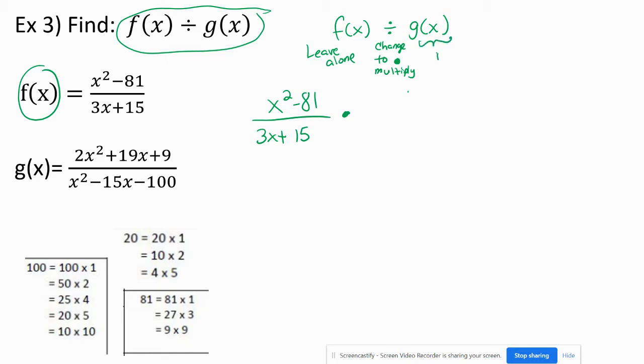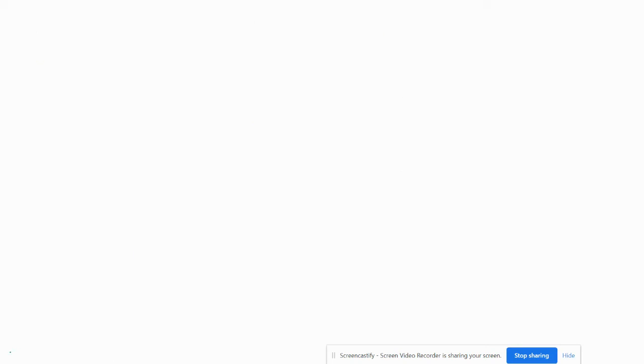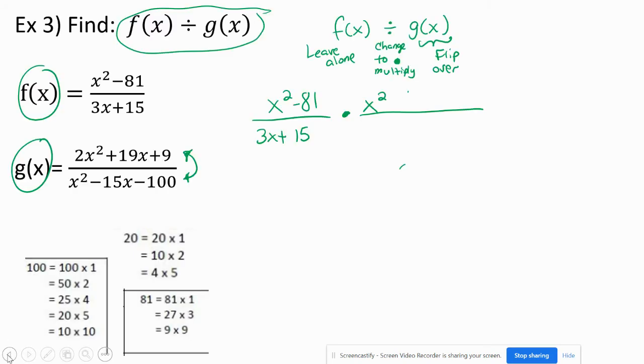And then this one, we're going to flip over the back fraction. So the g of x, I need to flip over. So when I draw this out, the one with the 100 is going to go on the top instead of the bottom. And the one on the top will go on the bottom.